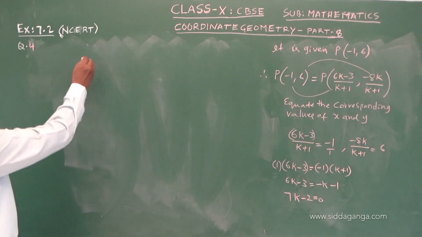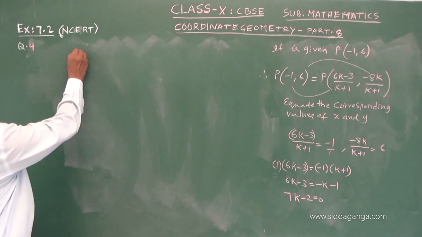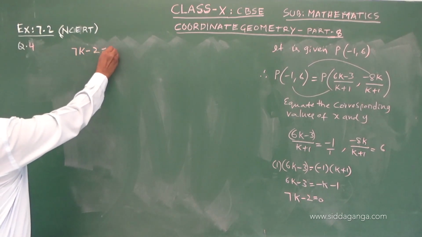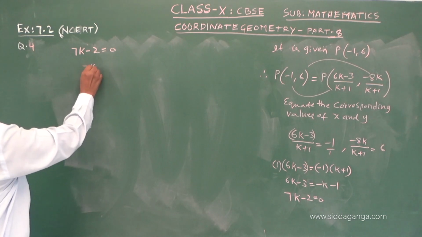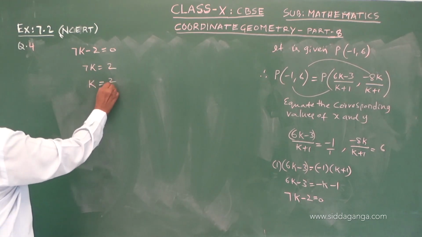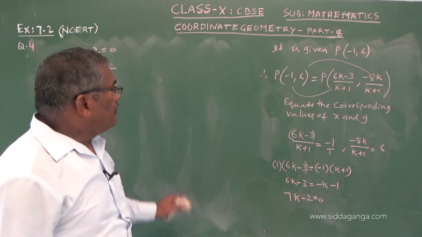So we got this, 7k minus 2 equals 0, 7k equals 2, k equals 2 by 7.